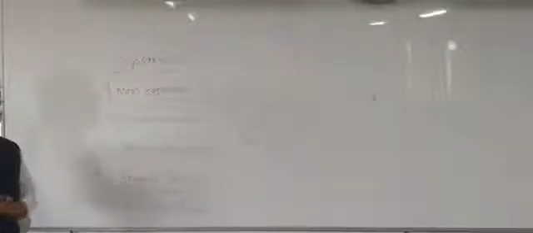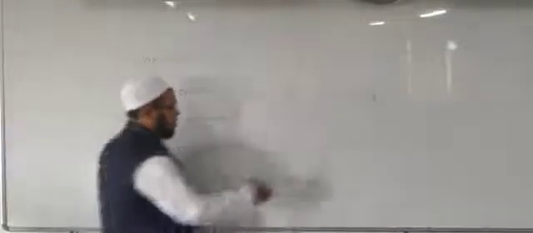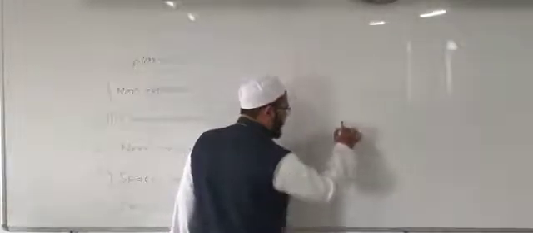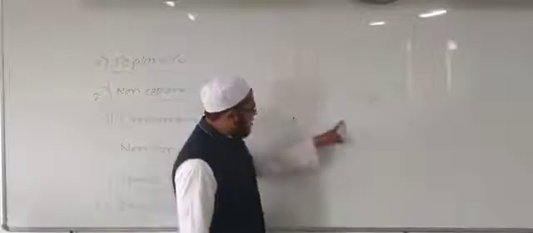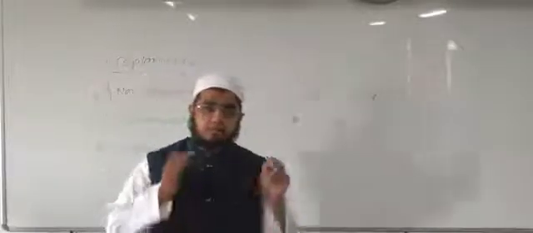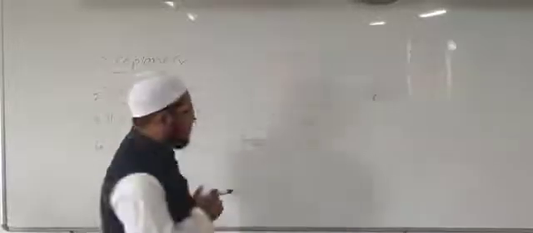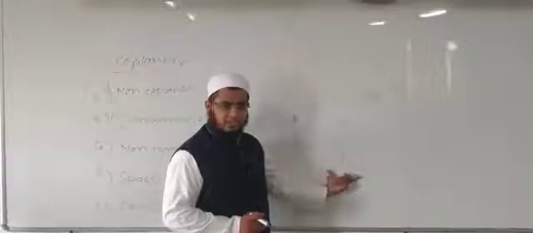Then parallel force system. Whenever the lines of action of the forces are parallel to each other, the force system is called a parallel force system. In parallel force system, there are two possibilities. The first possibility is the direction of force, because we know that force is a vector quantity, and to describe a vector quantity we require magnitude as well as direction.